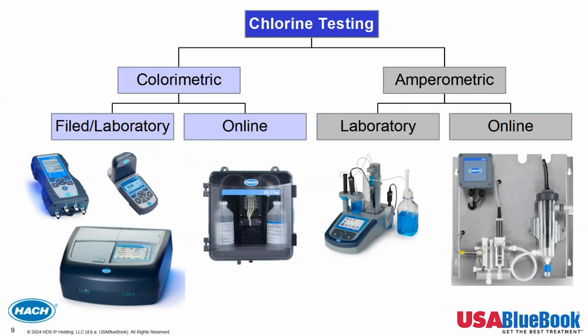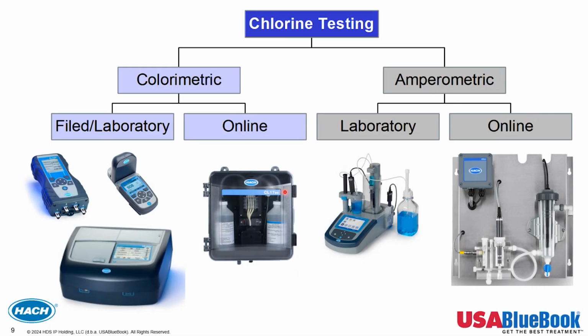Look, chlorine testing can be done, as I already mentioned, by two different technologies, colorimetric or amperometric technologies. Now, if you look at those technologies, colorimetric is administered by two different techniques, the field or lab technique and online monitoring.